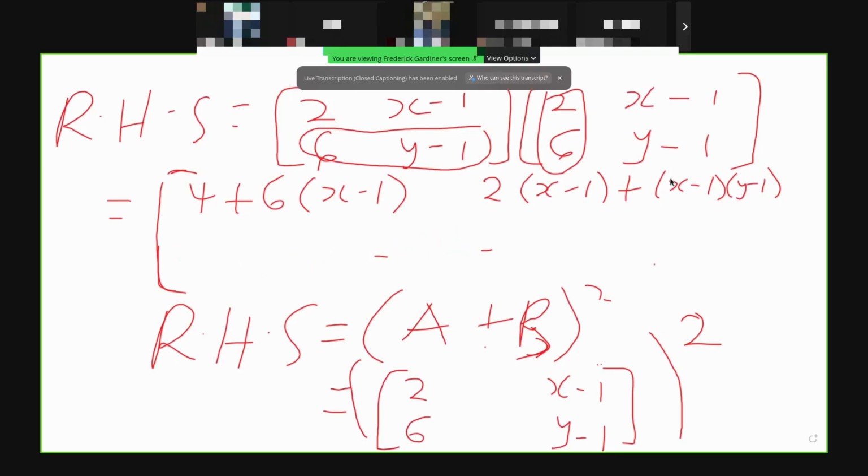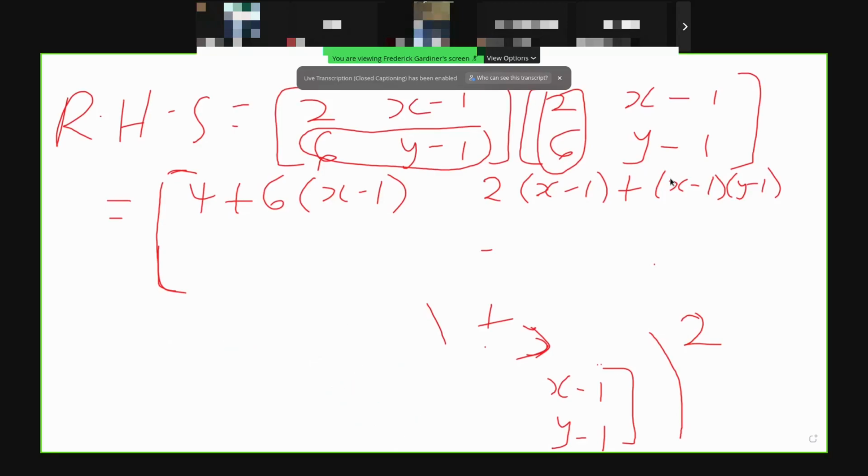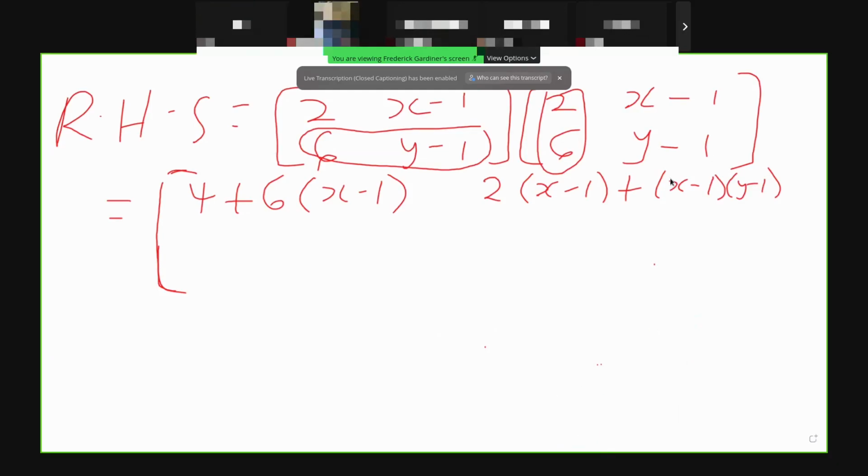So the first row took on the first column of B. Please, this is how it's supposed to be. I interchanged it. I'm sorry. I hope you're okay. Nobody was able to alert me.